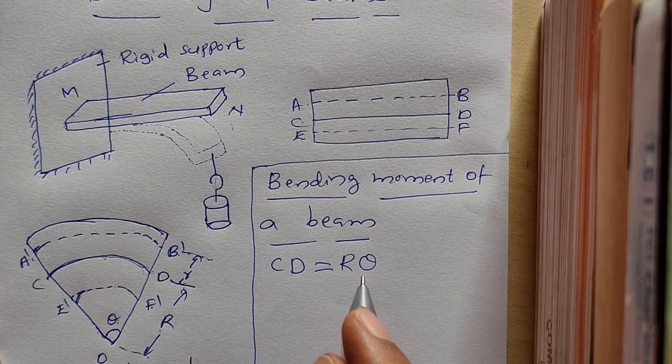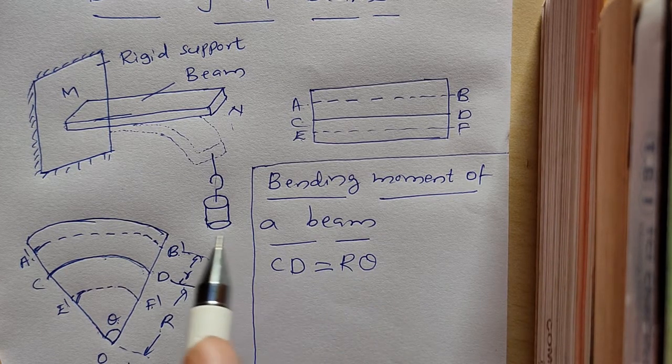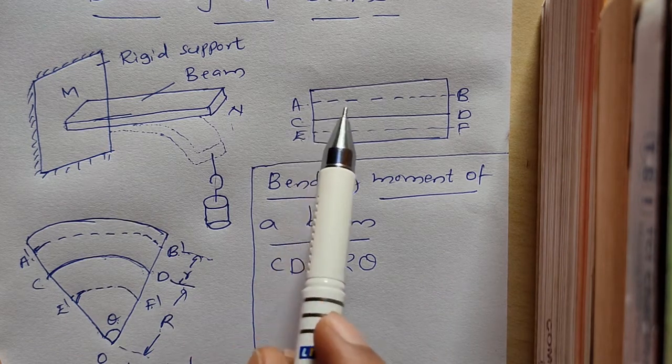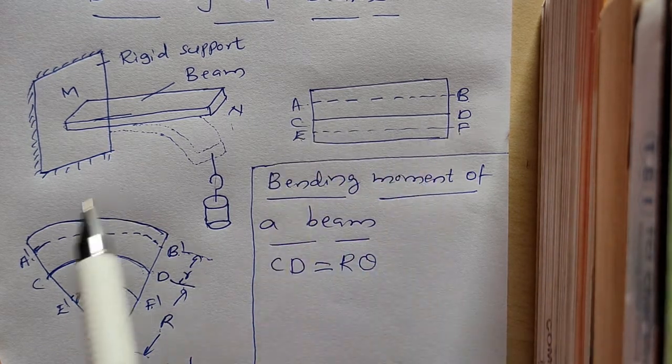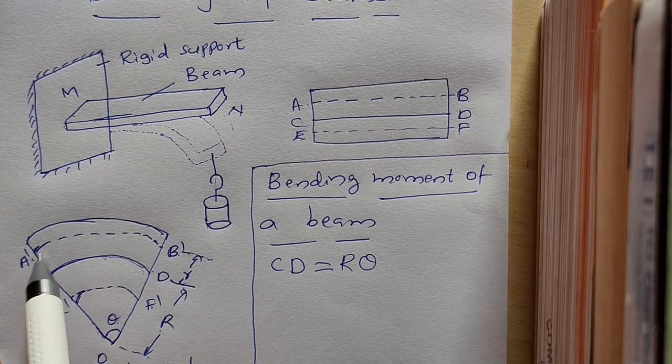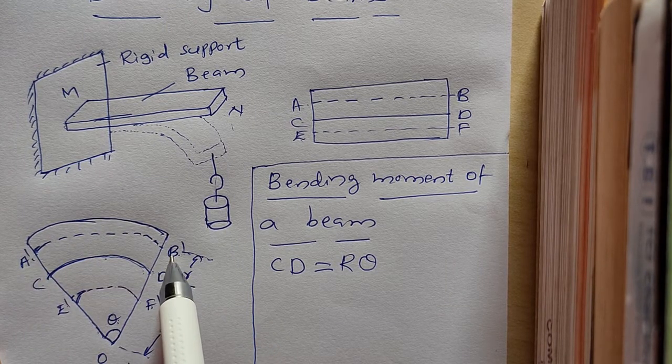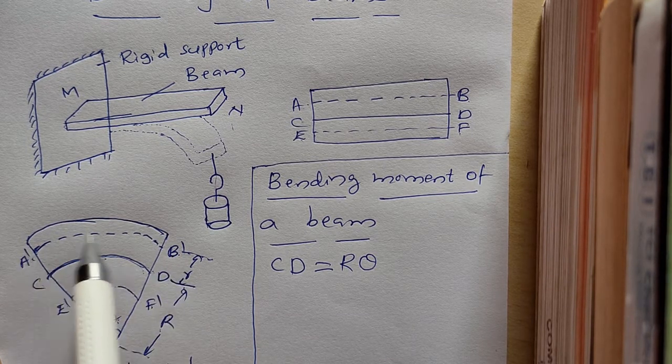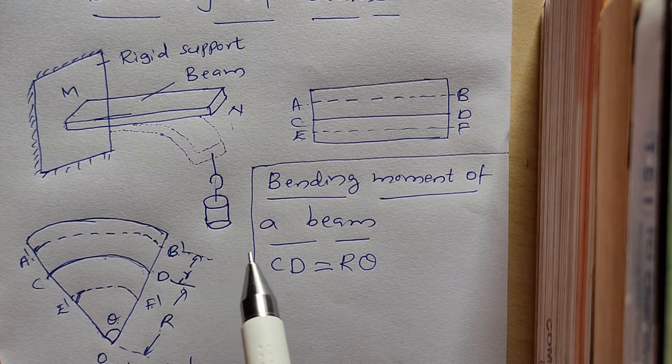Now see the layer which was AB earlier. After adding a load, it is extended to A dash B dash. Now we are going to find out the change in length of this particular filament.